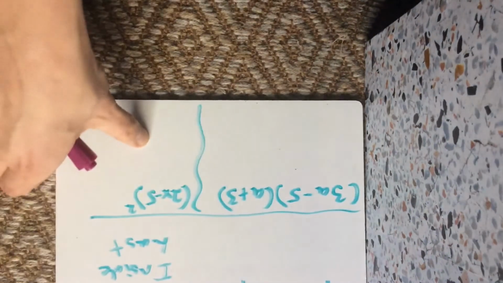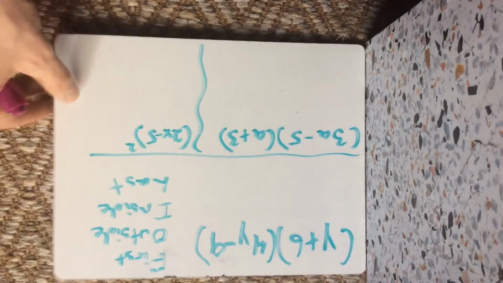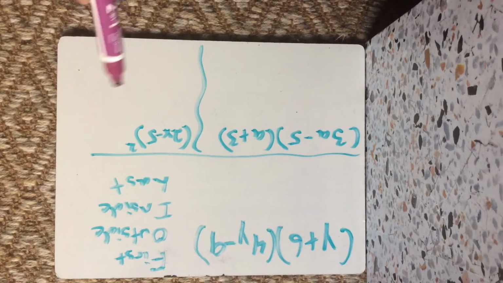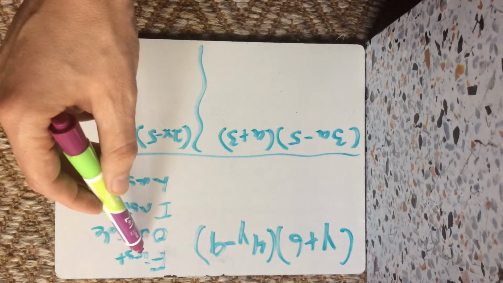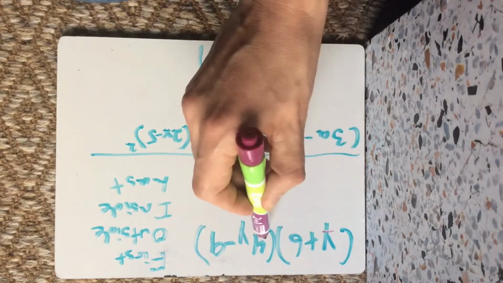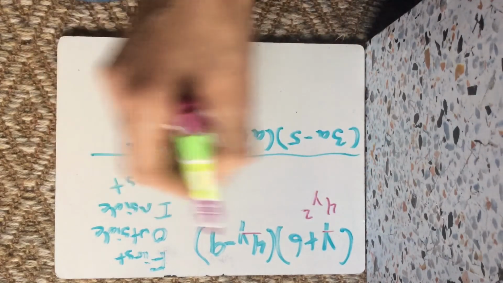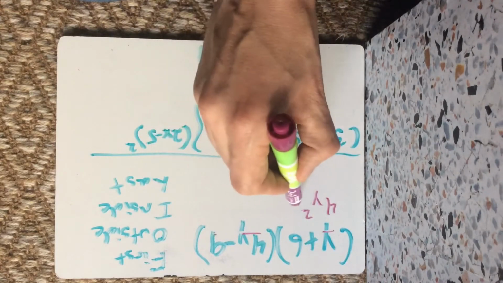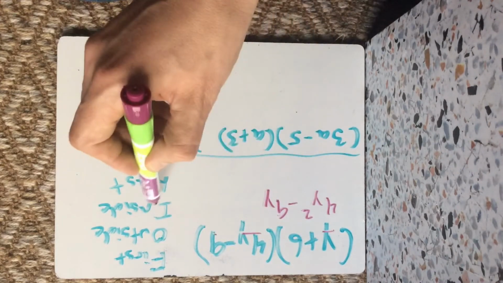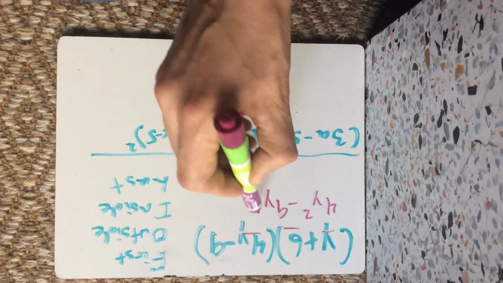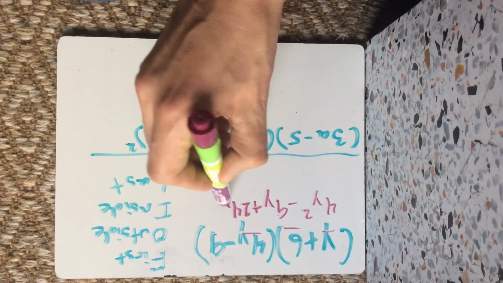Let's look at a couple more quick examples here. Here's another example. y plus 6 times 4y minus 9. Remember, first I do the first of each. 4y times y is 4y squared. Then I do the outside ones, the y and the negative 9 make negative 9y. Then the inside, 6 times 4 is 24y.